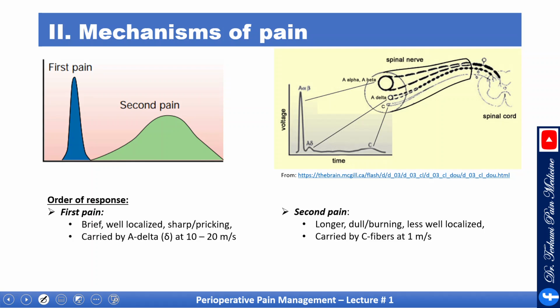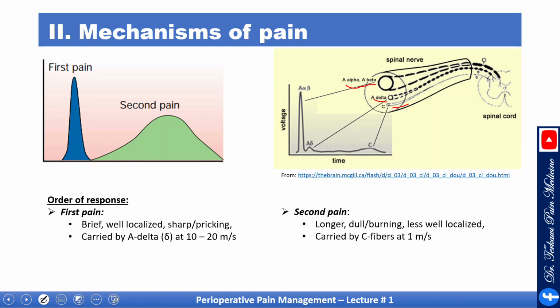Now, that's a cut section in a nerve. You have multiple fibers. Here you have the A alpha and A beta. Then you have the delta. You can appreciate the difference in the size. Then you have the C fiber here.